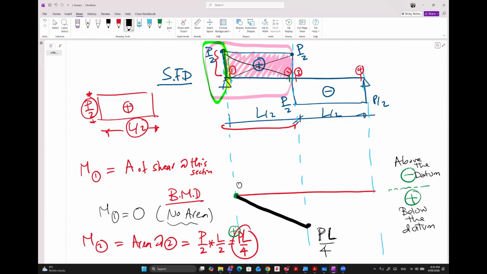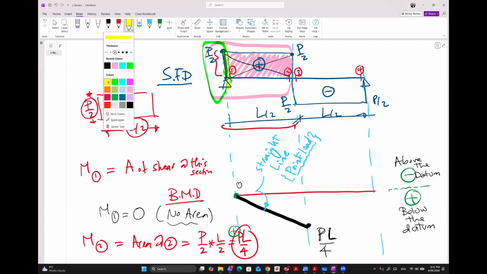The important thing you need to know for this type of beam is that the moment will be a straight line. Just to clarify, why do we connect with a straight line, guys? Because we have only point loads on this beam. If we have a point load, how do we connect the bending moment? Straight line. Is it okay?